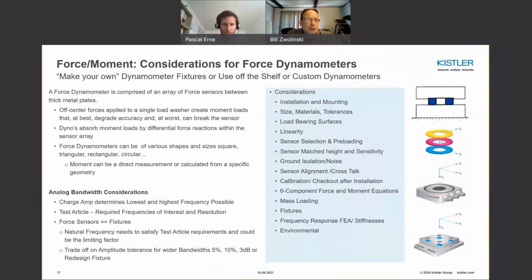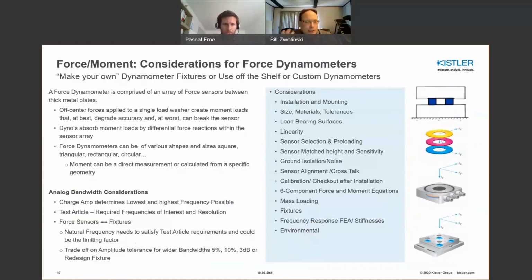In any measurement you're always going to have analog bandwidth considerations, and with force it becomes even more critical, because the sensors act as spring mass systems, and as spring mass systems they're going to be influenced by added mass. When you add mass, you reduce the natural frequency, for example, and that'll affect your analog bandwidth.